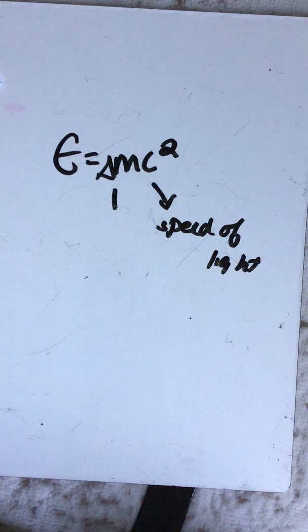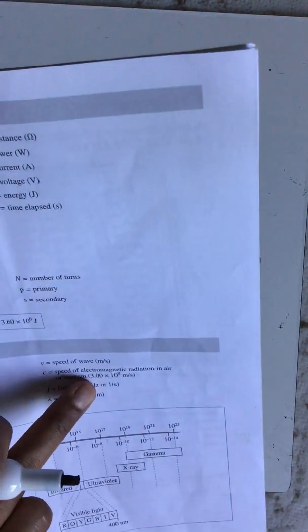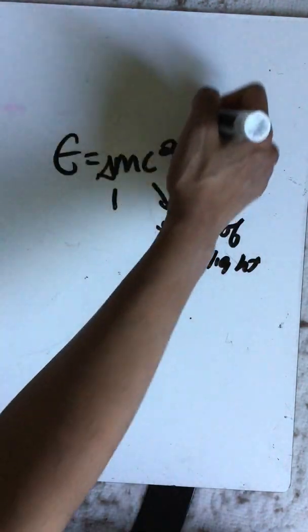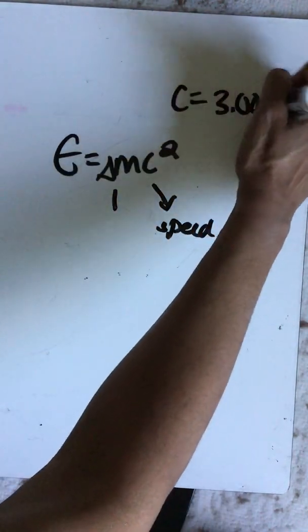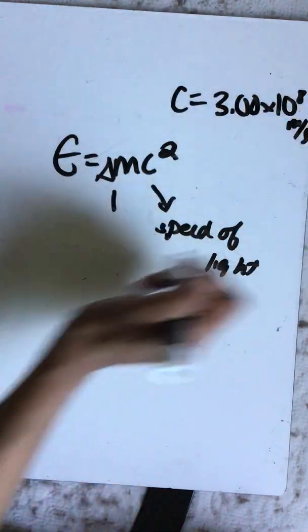It's on page 3. 3.00 times 10 to the 8th. So c is equal to 3.00 times 10 to the 8th meters per second. That's the speed of light.